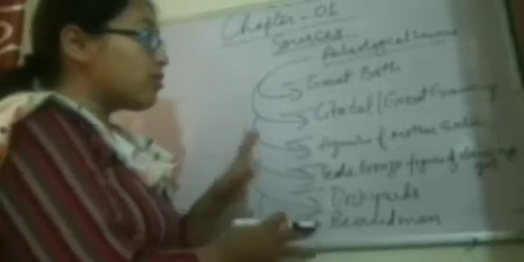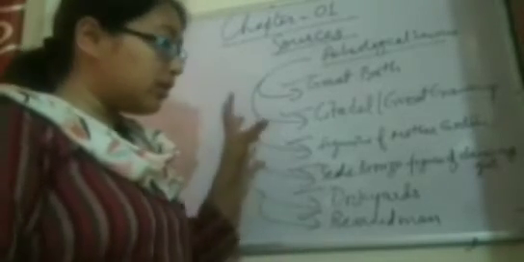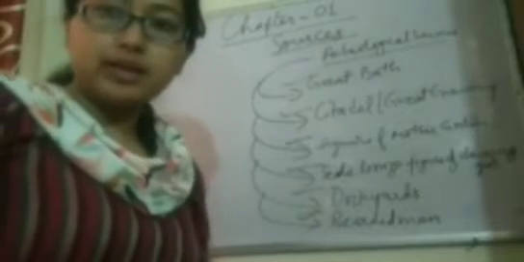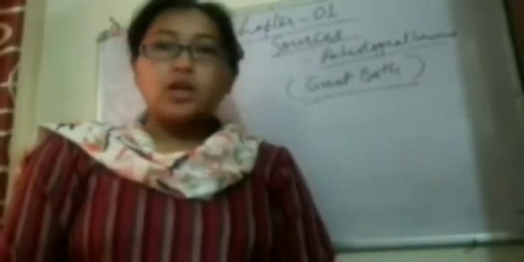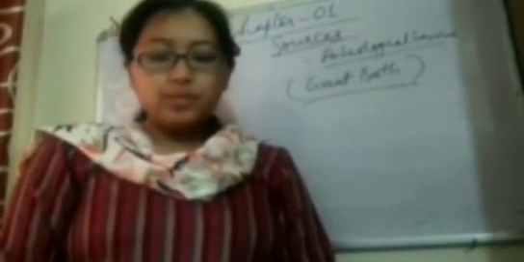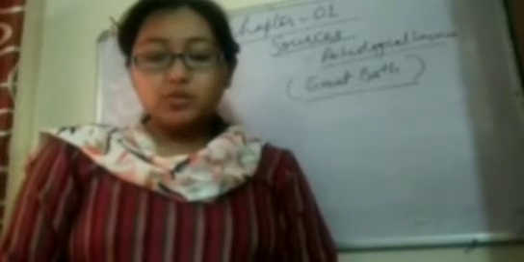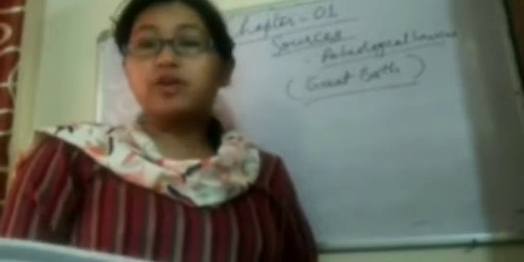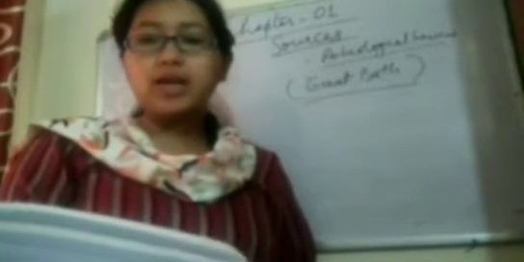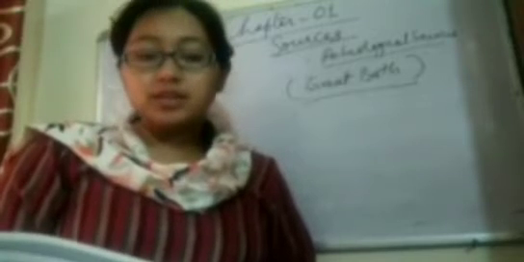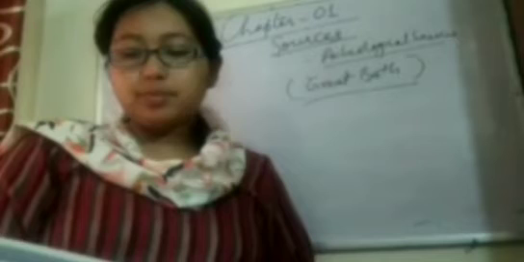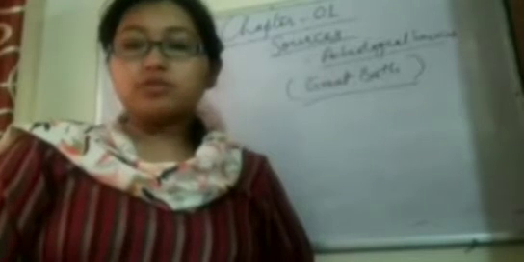Let's talk about each of these sources one by one. With the discovery of the Harappan civilization, a new chapter was added to the history of India. Number one is the Great Bath. The remains of two towns, Mohenjo-daro and Harappa, reveal a remarkable sense of town planning.